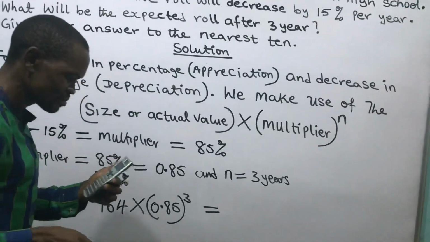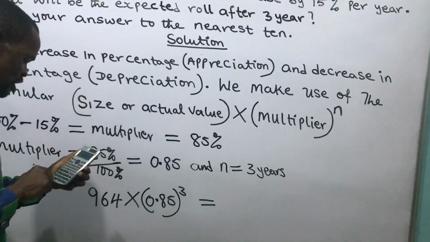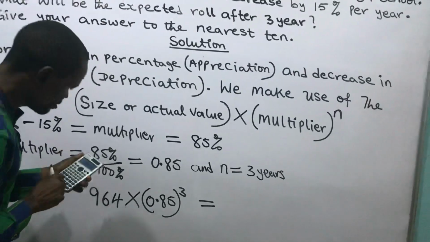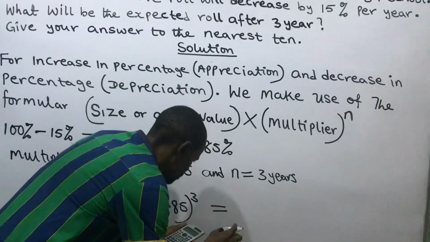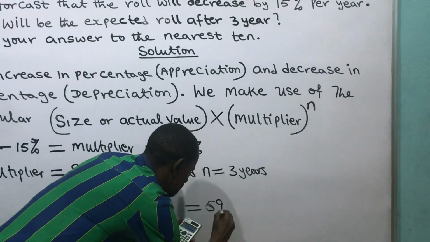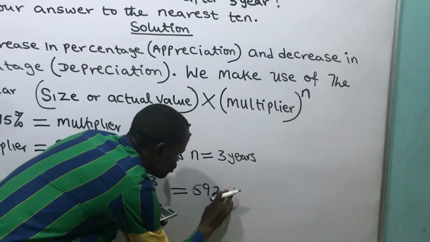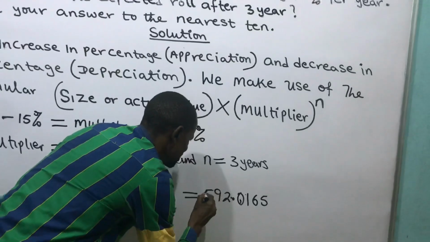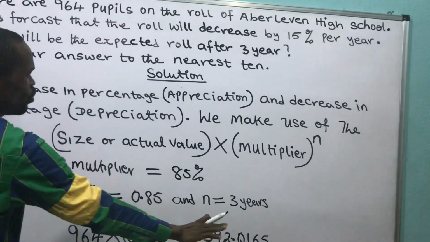That gives me 592.0165. That's the actual value, the expected roll after 3 years.